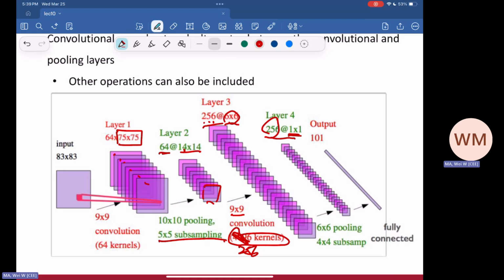Then I run an MLP, so eventually I get an output dimension of 101. So we are using both the convolutional layer and the fully connected layer.